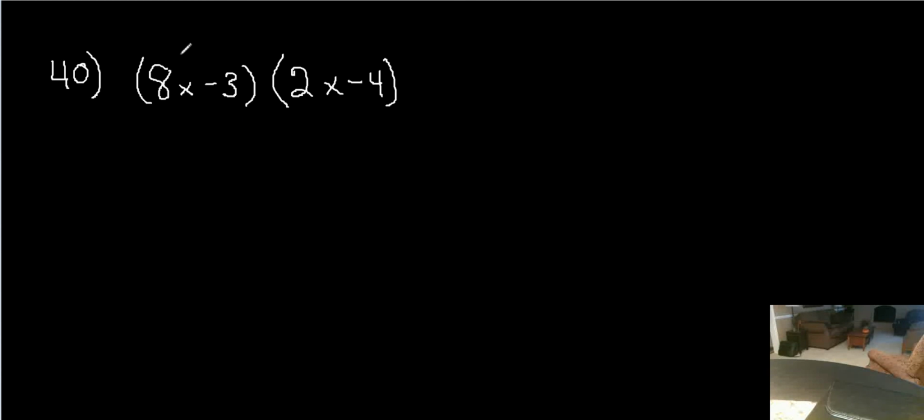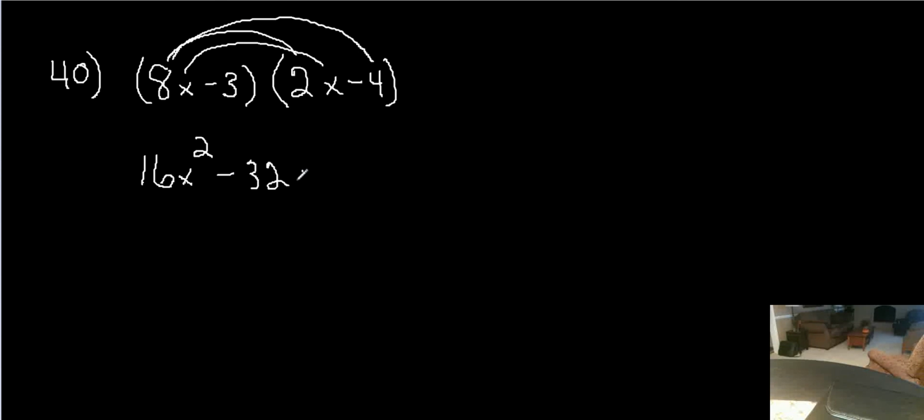Here's another. 8 times 2 is 16. X times x is x squared. 8x times negative 4 is negative 32x. And negative 3 times 2x is negative 6x.